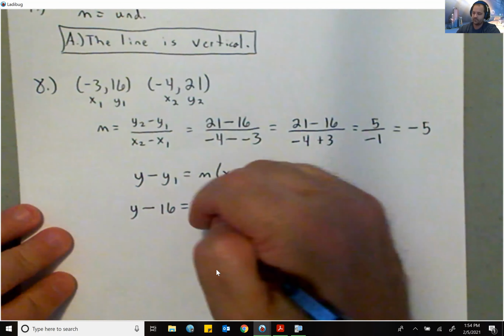So this is the answer to part A, just putting in that equation. All it was, was recognizing that in this problem, they gave you 2 points.